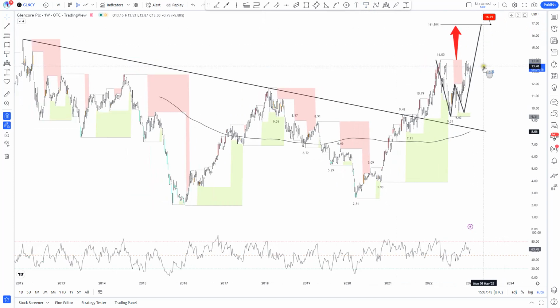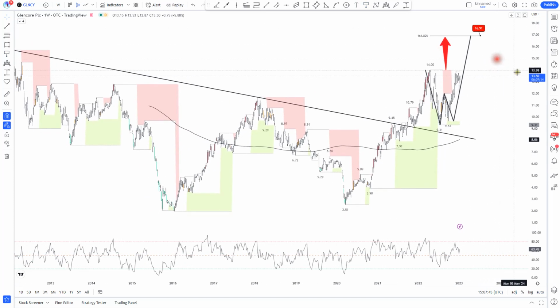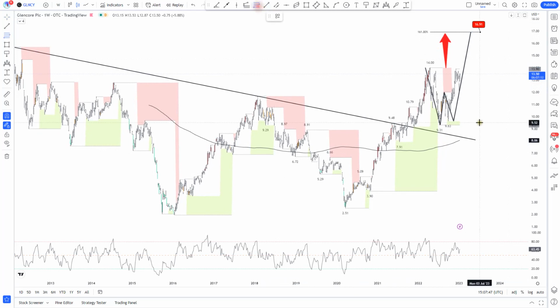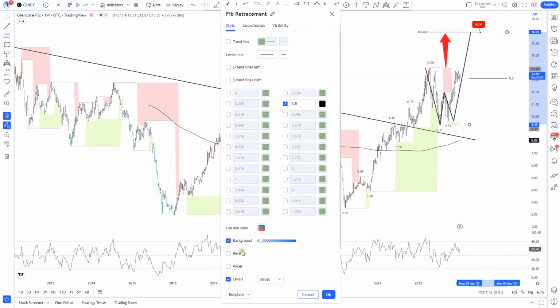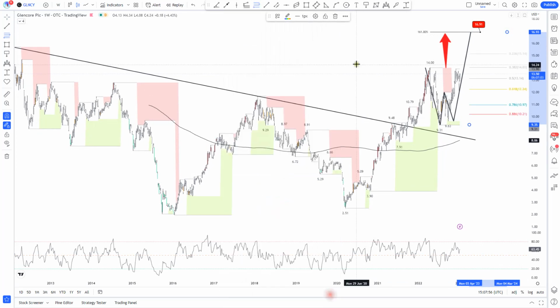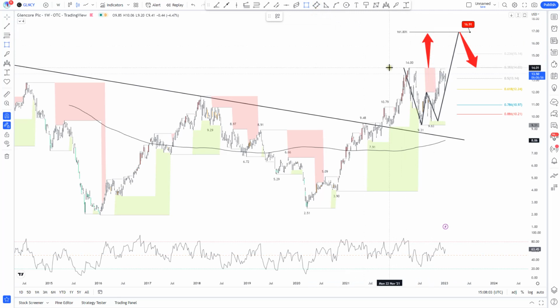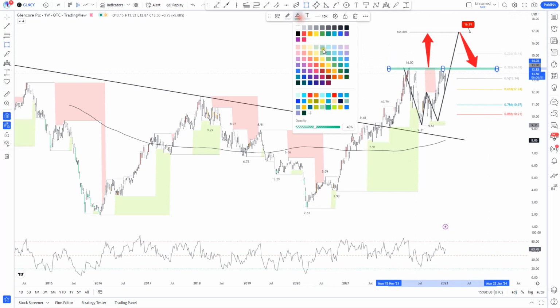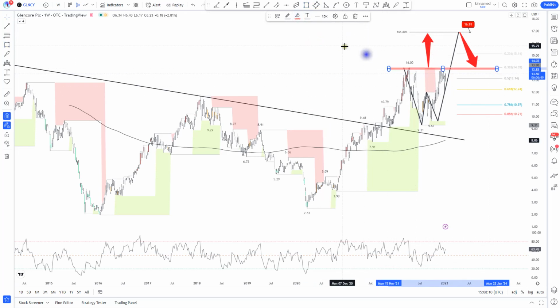So this is the default projection for the crab pattern, and some of you start to be familiar with. After the formation of that pattern, we expect a retracement to the 38% Fibonacci level, which means the formation of this crab pattern will suggest a retest of a broken resistance now under pressure, or let's say we are approaching again that level.